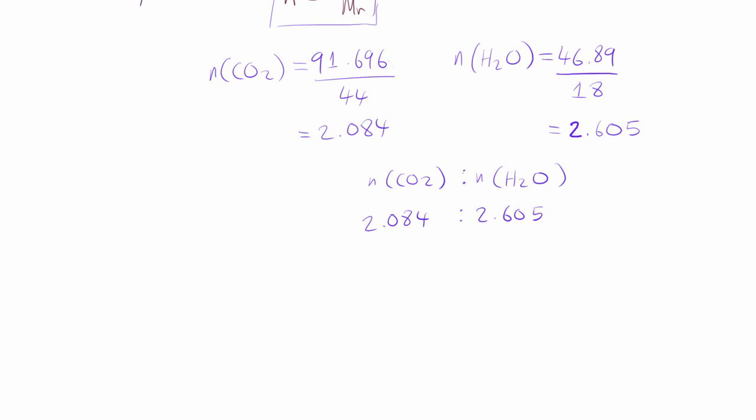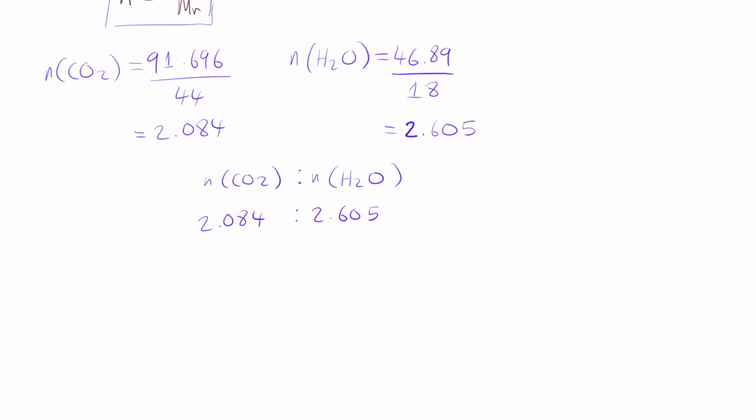Now at this stage, we also need to remember that we're looking for moles of hydrogen, not H₂O, right? In terms of carbon, we know there's a 1-to-1 ratio, so the moles of carbon is the same as the moles of CO2.